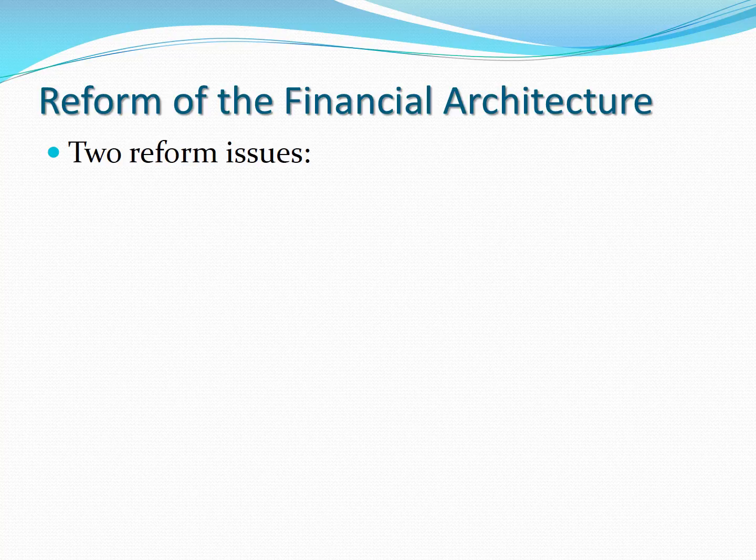So the international system that we've been talking about, which has emerged after the Bretton Woods conference, is sometimes referred to as the architecture. So that's what we're talking about here with financial architecture. Should we reform that in order to address financial crises?